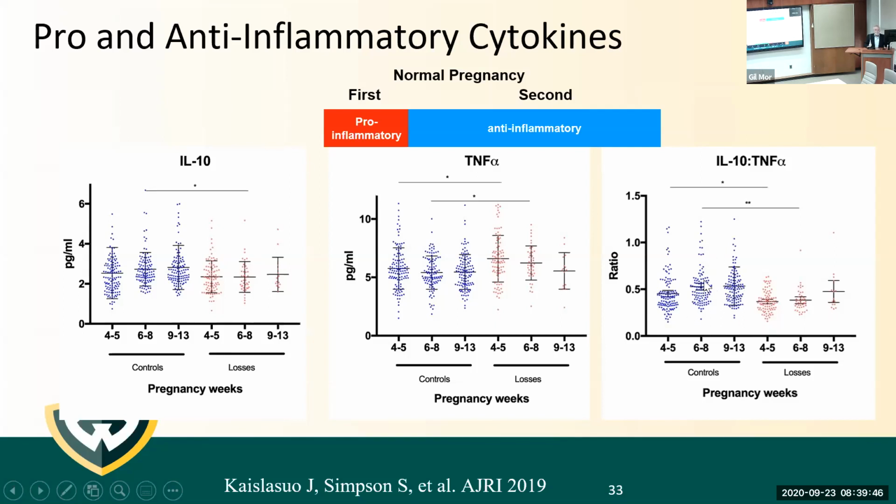This shift, we think, is the critical evolutionary stage that would allow a successful placentation, which will then lead to the next stages of fetal growth, at least until reaching the second trimester.